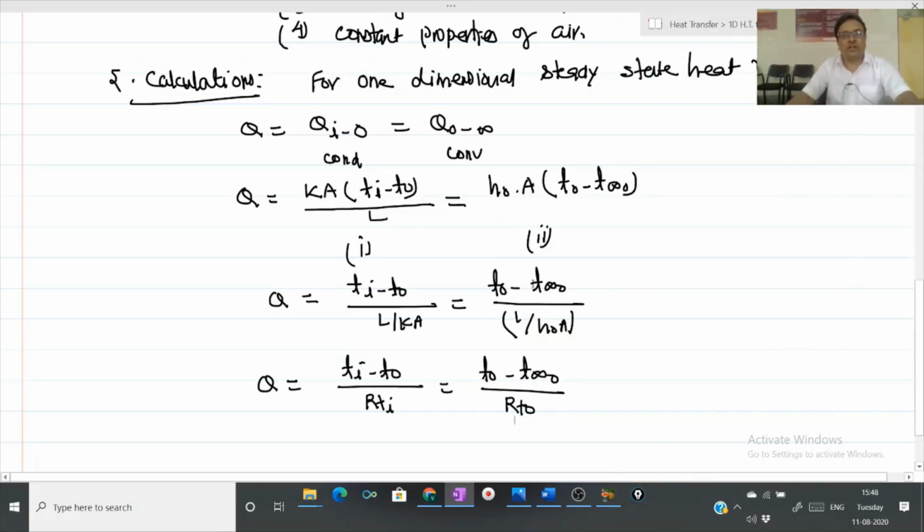So these are the rate of heat transfer from ice layer and air film.